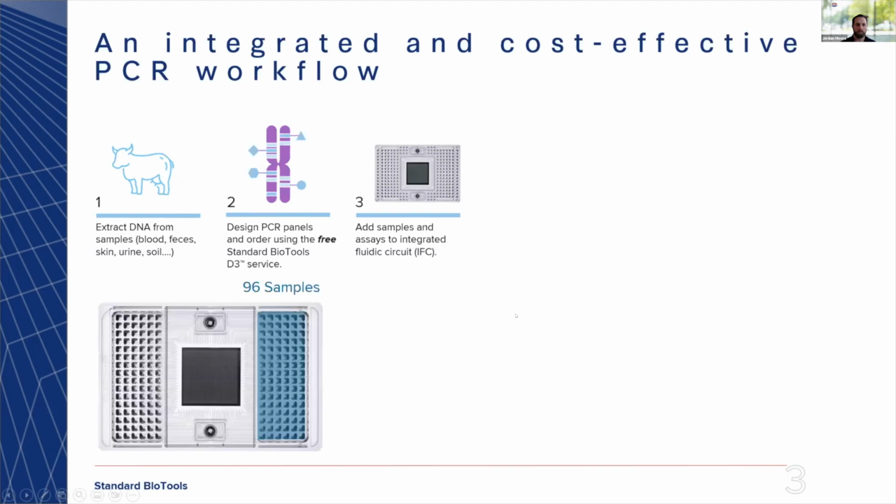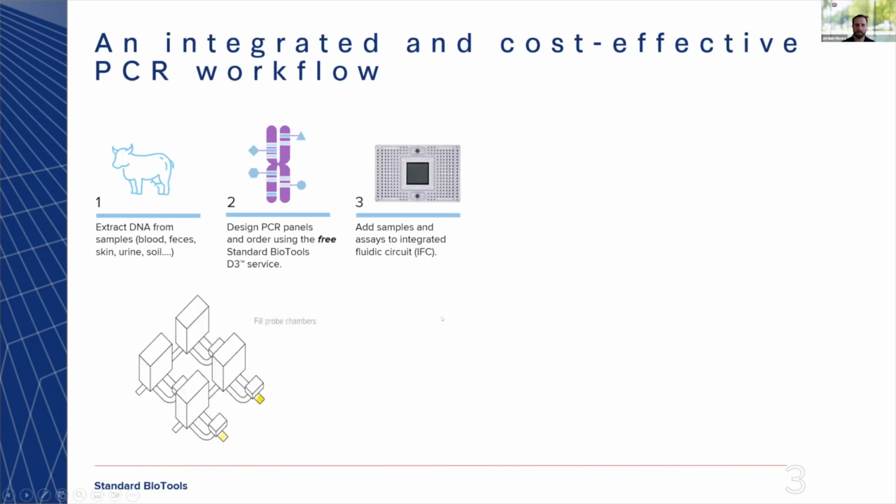And so, for example, on one of these IFCs, if you're running a 96.96, this would be 96 samples, which you're testing against 96 assays. Each sample will encounter each assay on the IFC. So that means that when we fill the IFC, we create a matrix.